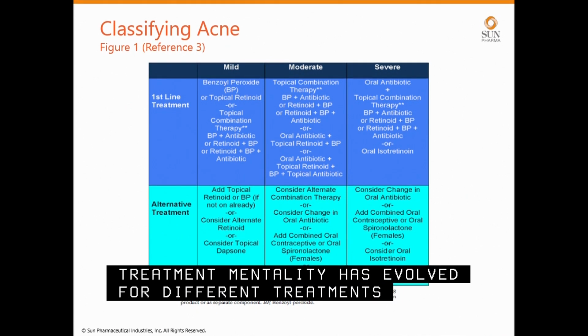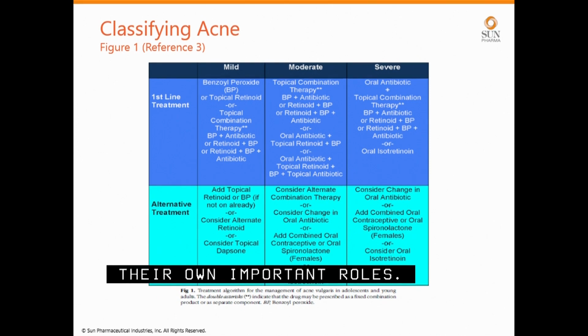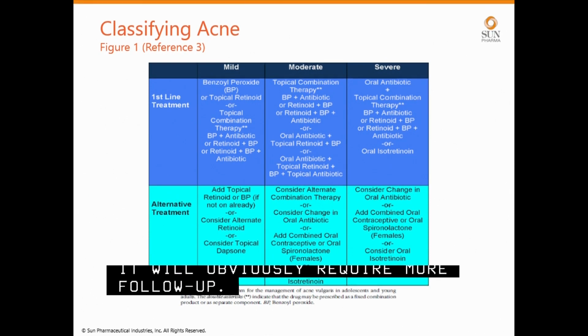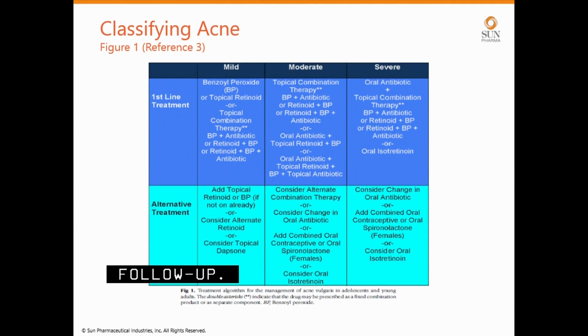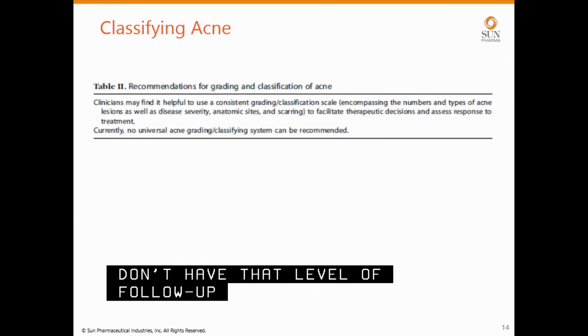So, for example, the more severe patients who require oral antibiotics or oral isotretinoin will obviously require more follow-up because they require more laboratory findings. They also obviously are being treated with medications that have a black box against pregnancy, versus the milder cases, which are using topical benzoyl peroxides or topical antibiotics that don't have that level of follow-up by the medical community, and therefore also don't have the same level of severity and requirement for follow-up.